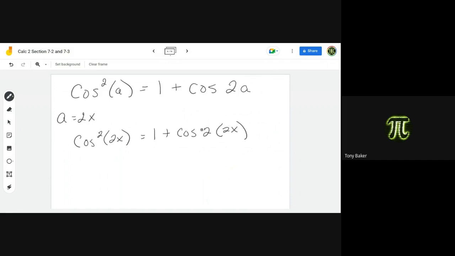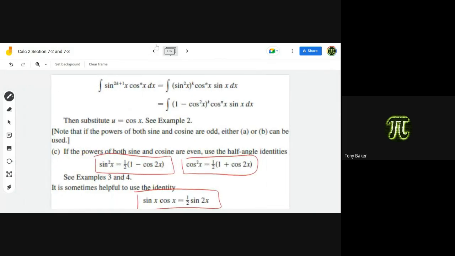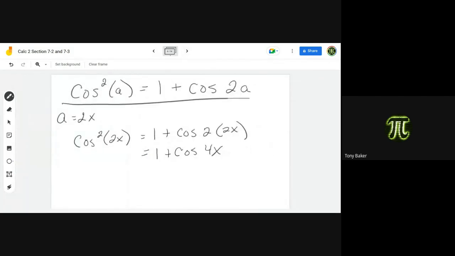I'm replacing the a with 2x, which means this is 1 plus cosine 4x. It's just math. But I will tell you, that's something that can be very confusing. It really honestly can, especially when they gave you the rules with x, and you're like, the x doesn't change. Well, it does. That's why you'll see sometimes they'll actually use a different letter than x.